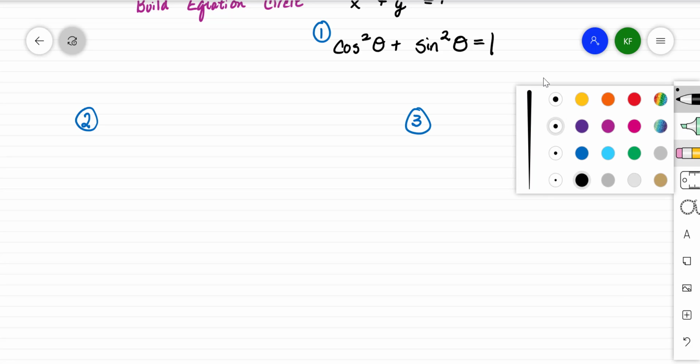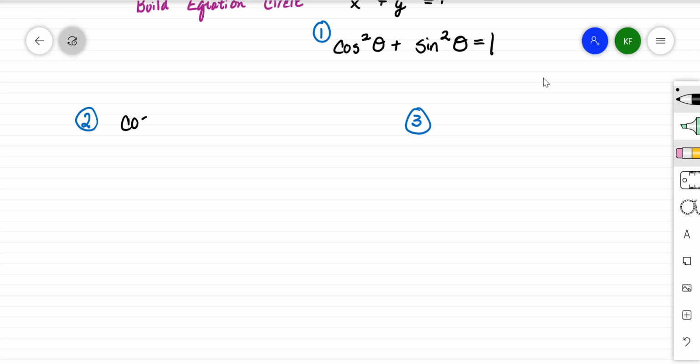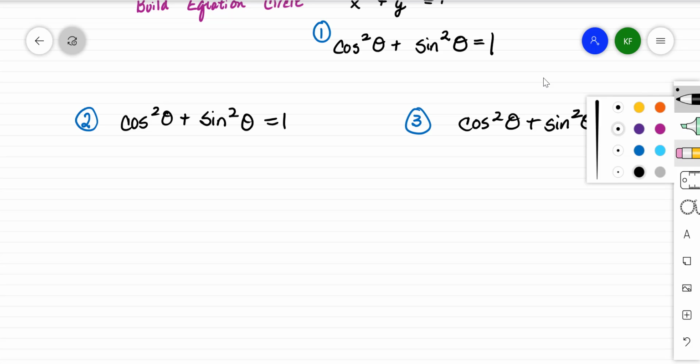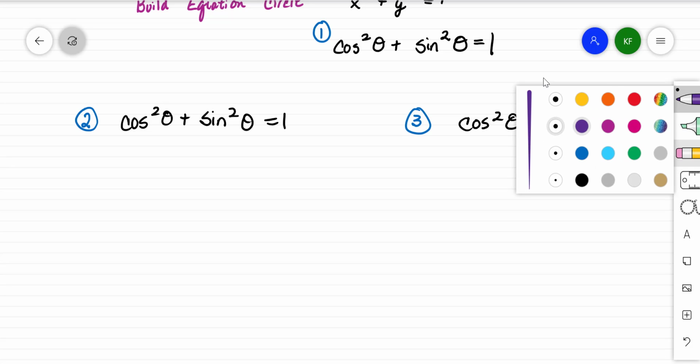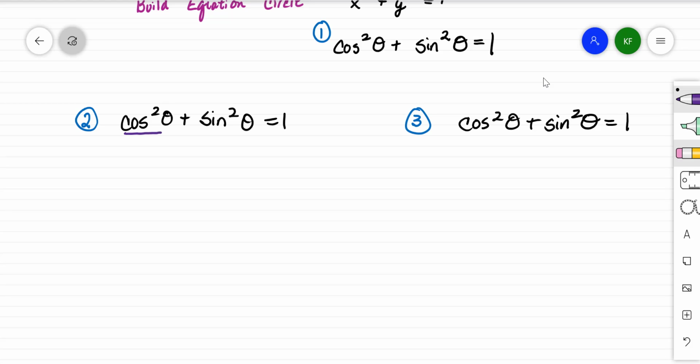The way I asked you to start was to just write these down, and then when I divide, and this is important because I always hear, where did you get that from? When I divide by sine squared theta or cosine squared theta, I'm doing it because I choose to do it, because other forms are useful. So for this one, I'm going to divide by cosine, but of course you could divide by sine. It doesn't matter the order.